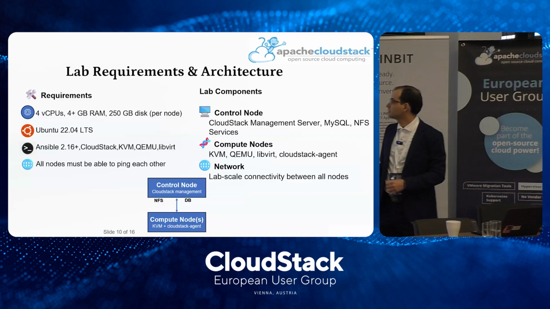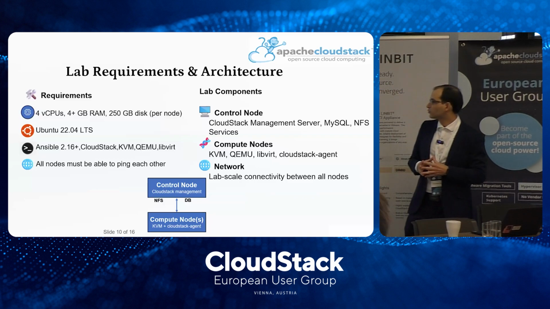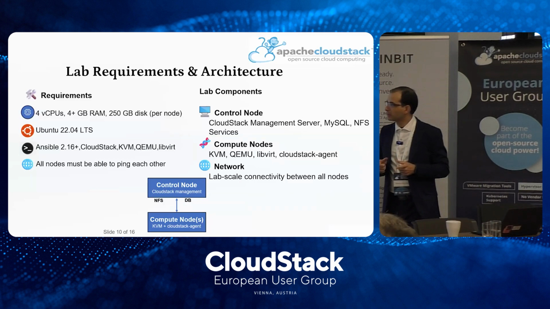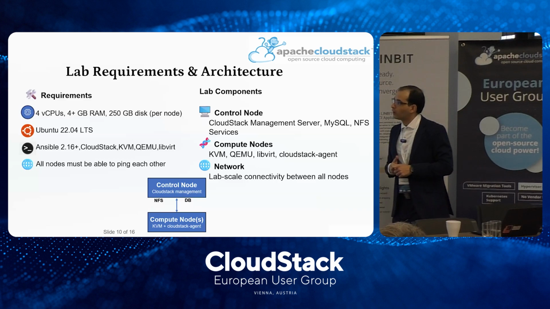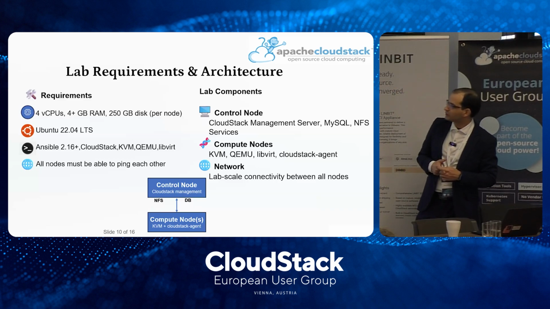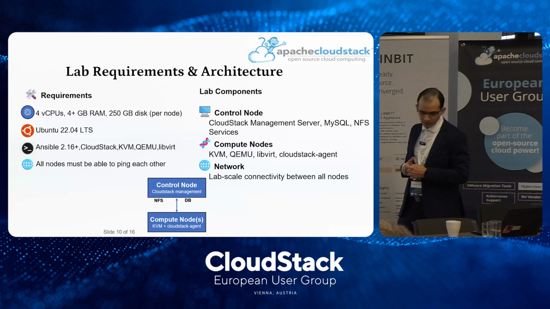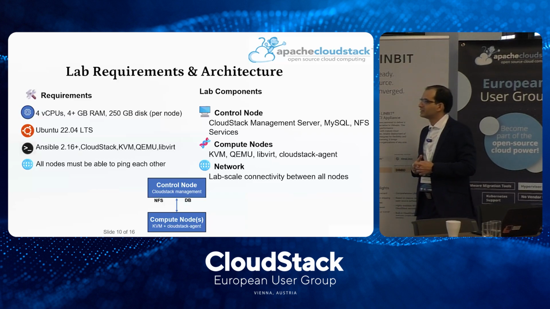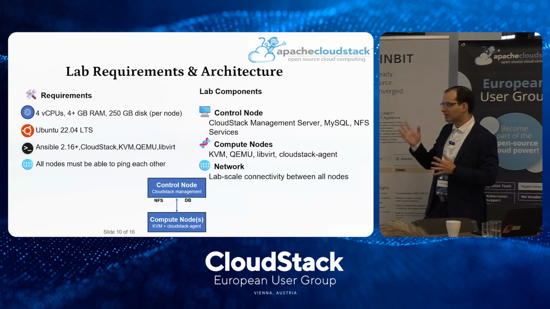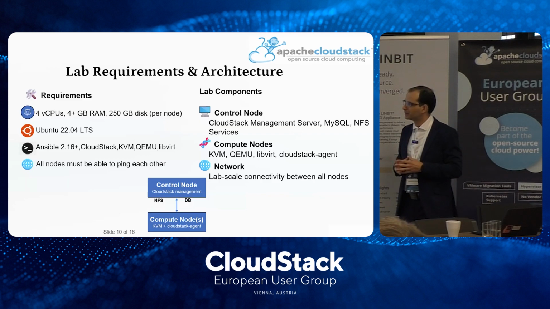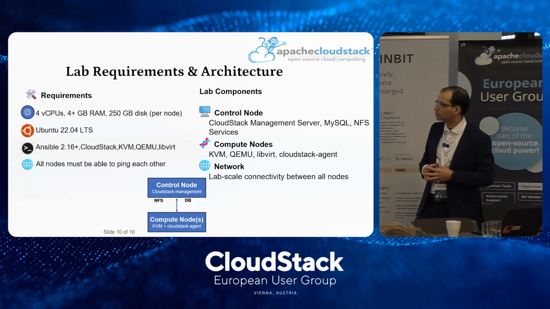Okay, lab requirements and architecture. The Ansible roles that I will share with you today require 4 CPUs and 4 GB of RAM. The disk per node can be that or less. It depends on how many machines you want to run.